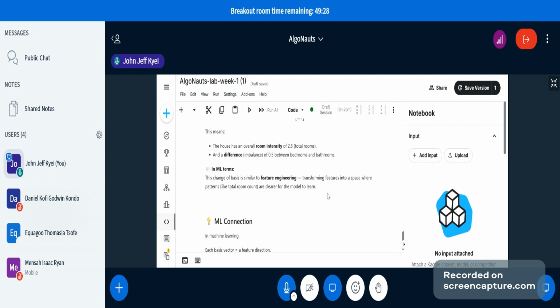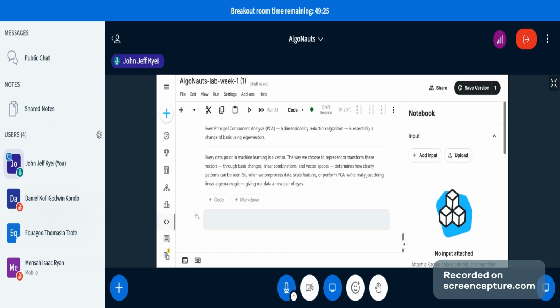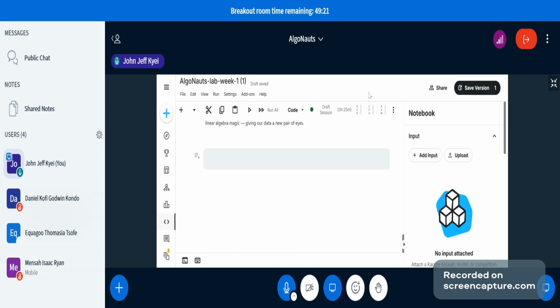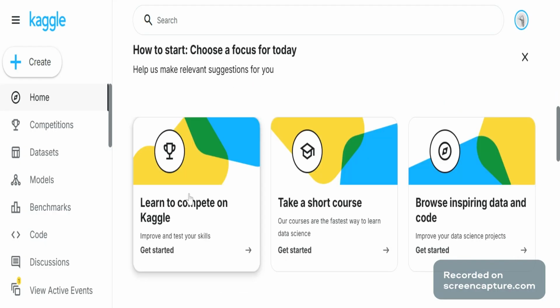Like break it down and get a connection between the ML and all of that. Right. So I created another notebook for what we'll be doing today, and we can also work with that one too.